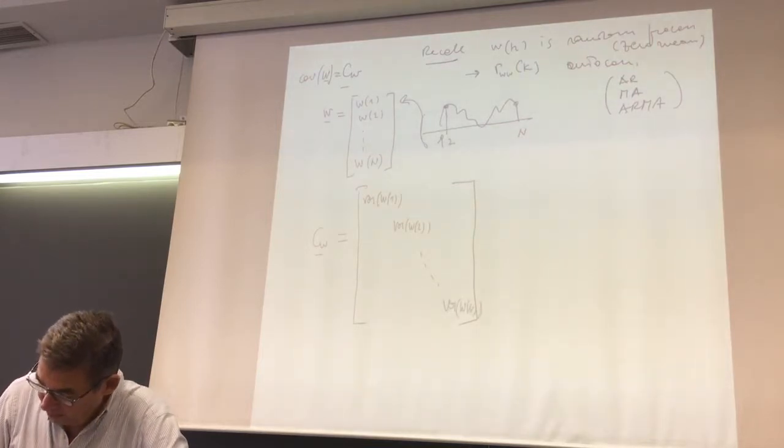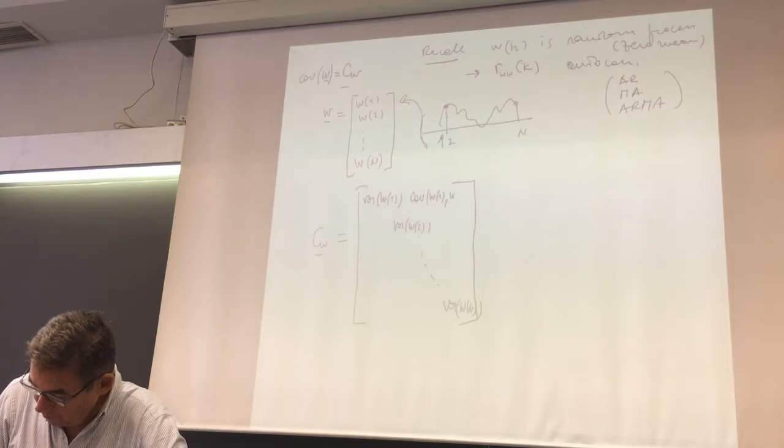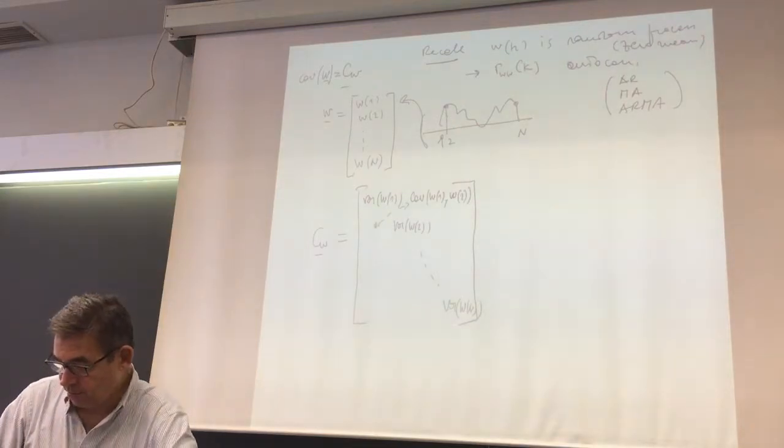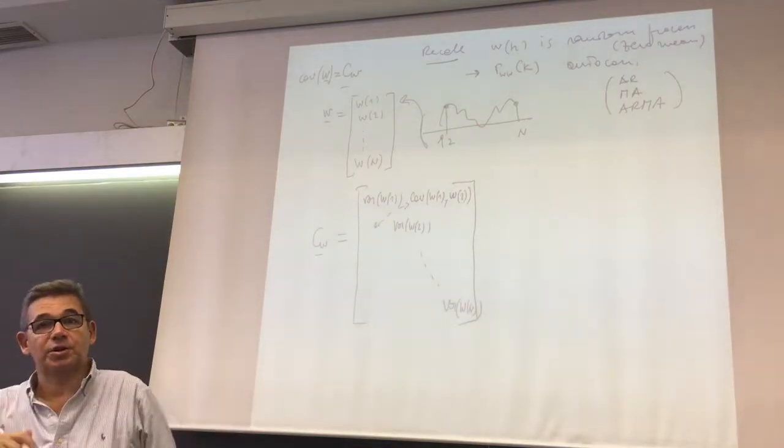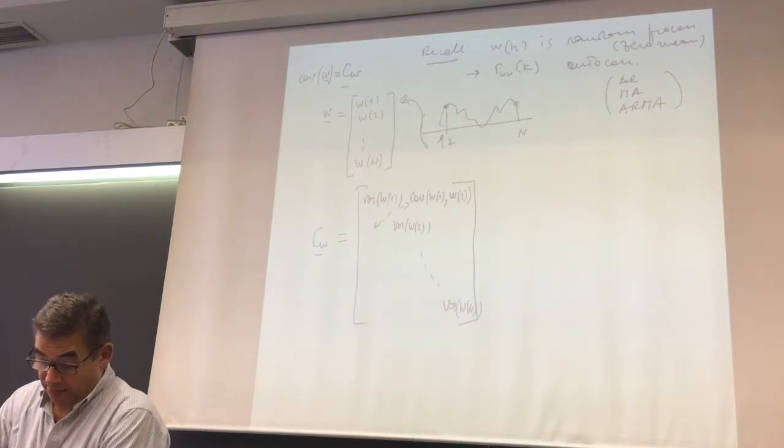And here there is a covariance of W1, W2, and so on. The matrix is symmetric, and so on for all the terms.